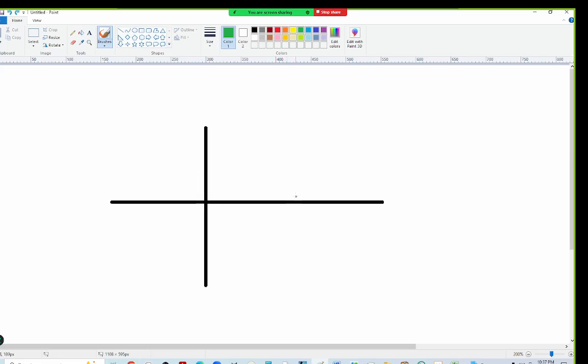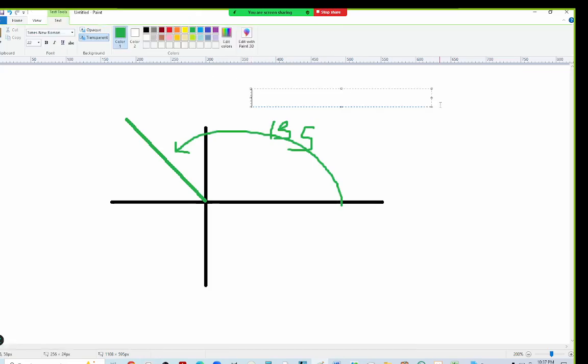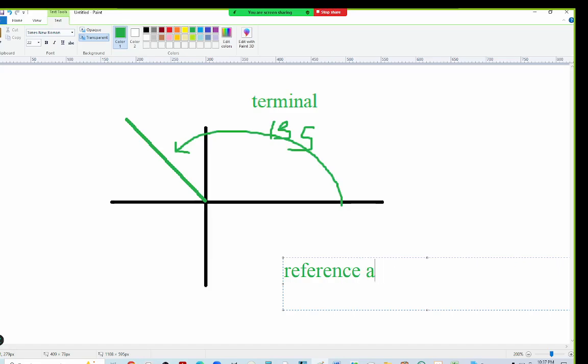Now let's go back to the terminal. Terminal is when I have an arm there and I start here and I have to measure this angle here. And that's my terminal angle, 135. Let's say they tell you it's a terminal angle of 135, and they ask you to find the reference angle. This is also what we used to call the acute angle.